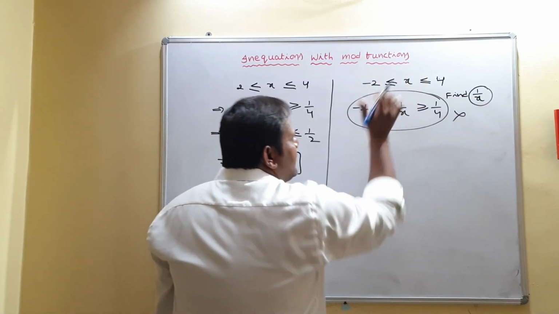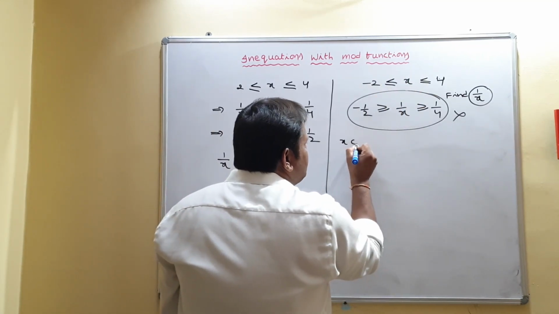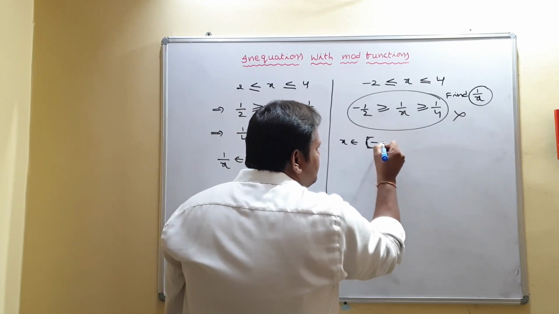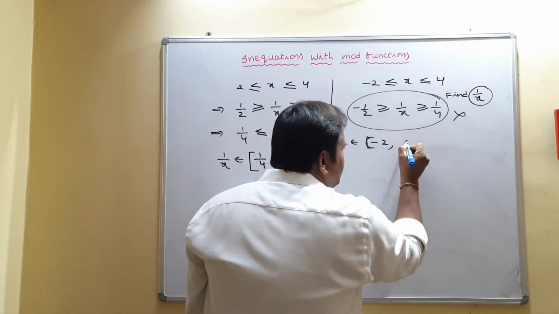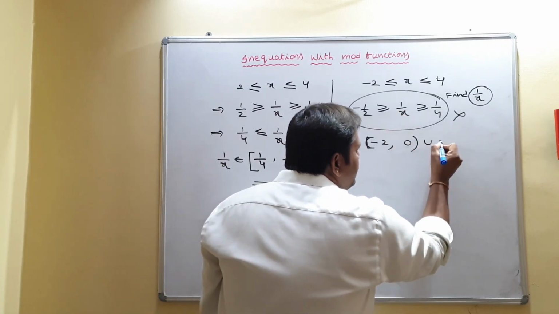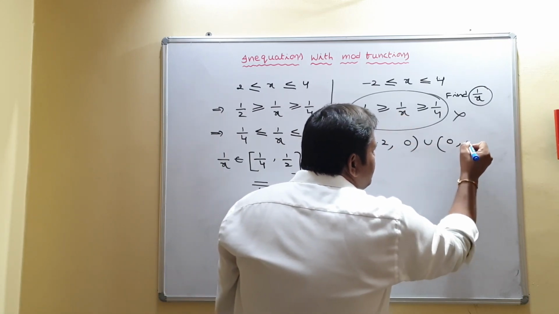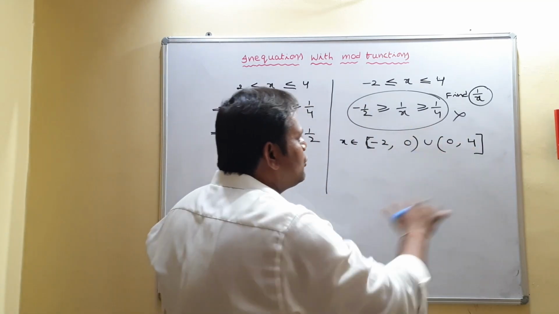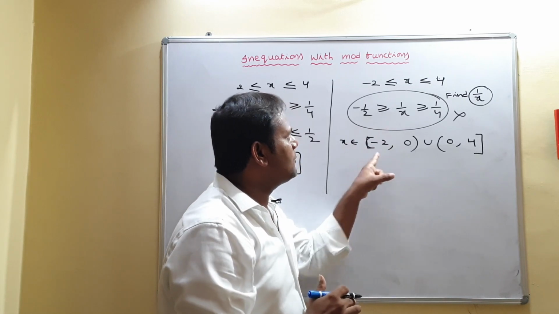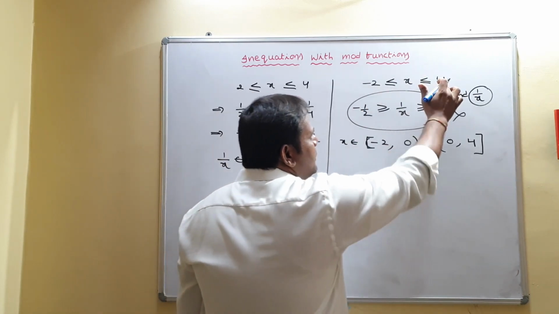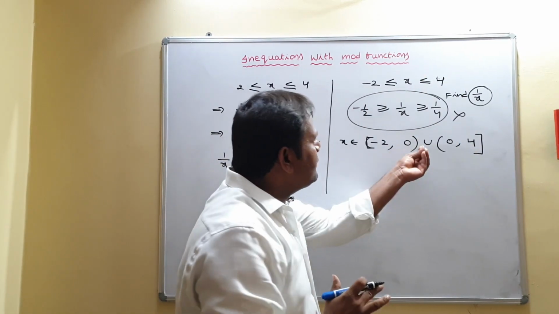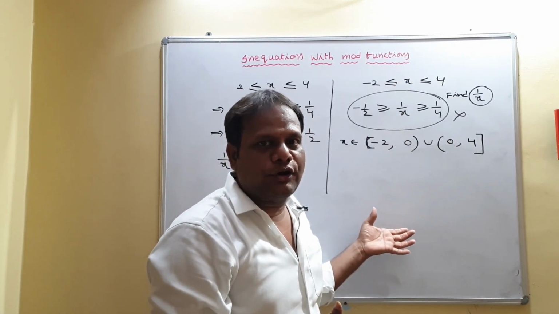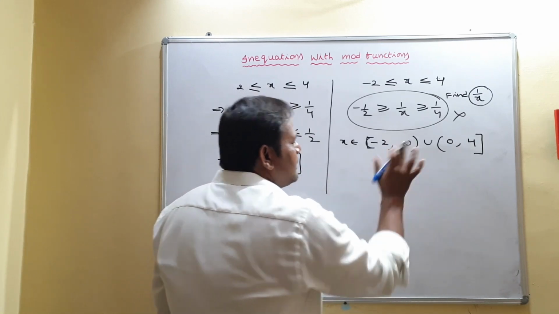So you write this as x belongs to closed interval -2 to 0 union 0 to closed interval 4. I think you understand why closed at 4 and closed at -2: -2 is included, 4 is included. Here I am not going to take 0, because we are unable to take its reciprocal. That is the reason it is neglected.